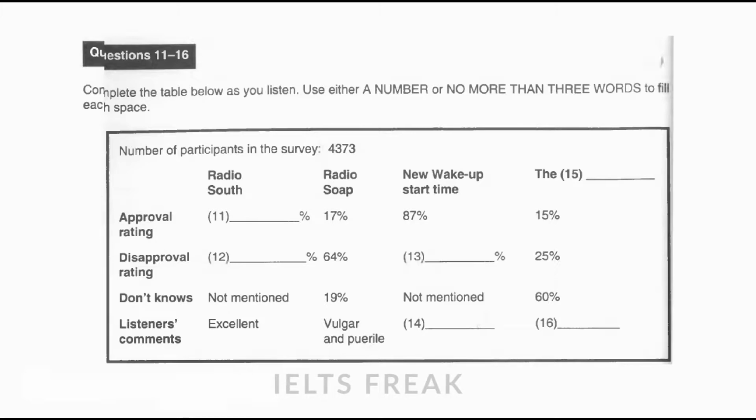Most of you think that the radio station provides an excellent service. That's a big thumbs up for Radio South. Some more statistics. A rather disappointing 64% of you did not like the start of the new international radio soap that began on Wednesday evenings last month. Many of you said that it was too vulgar and puerile, with no plot, no excitement, and only 17% said they liked it.